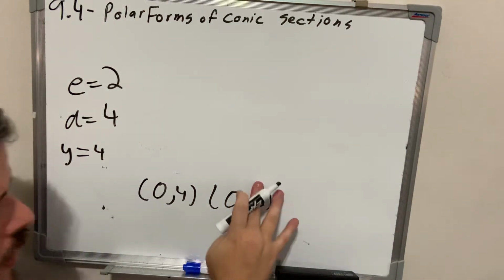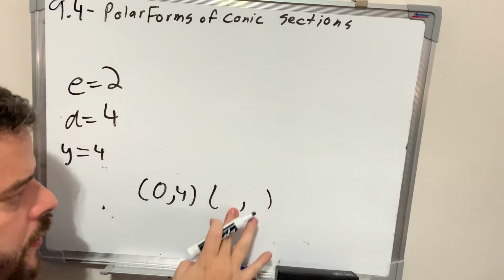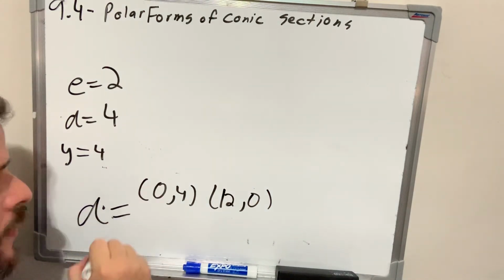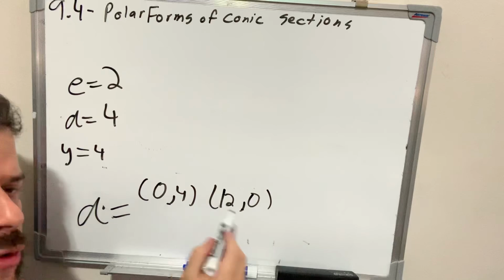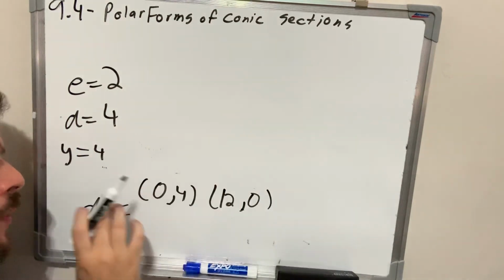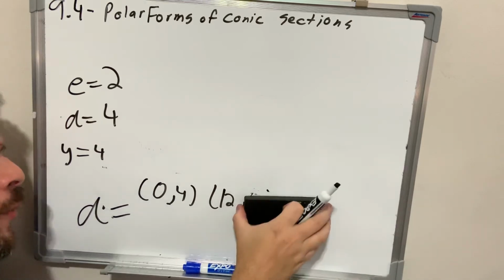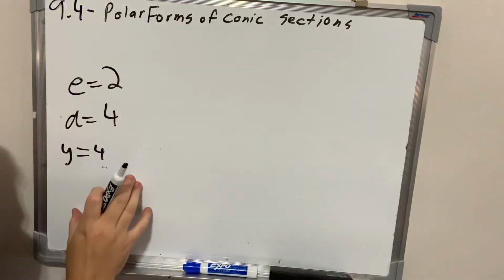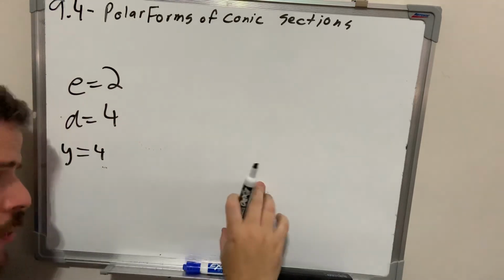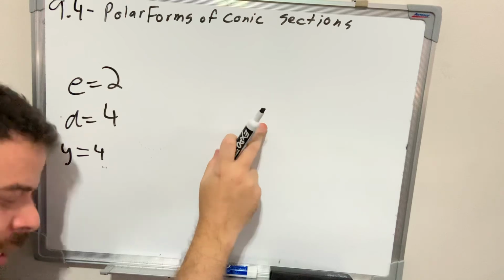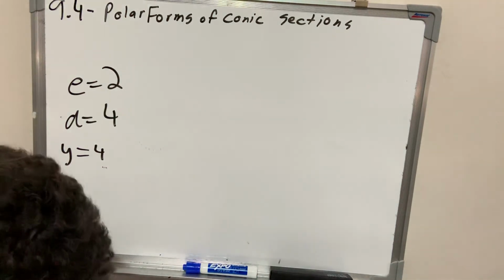They're giving you coordinates, and all you have to do is use the distance formula between those 2 points to find your d, and the exact same process. If you don't remember the distance formula, make sure you review it, because that's not part of today's class. Find your d. Either they're going to give it to you, or you're going to use the distance formula, plug it in, make sure you put sine or cosine properly, and you're done.